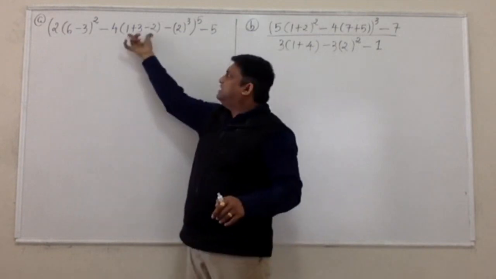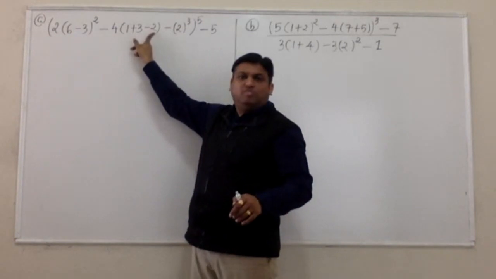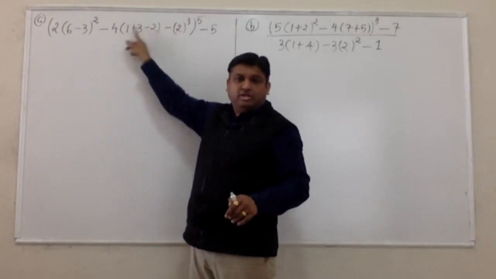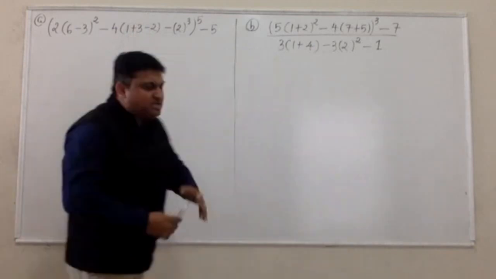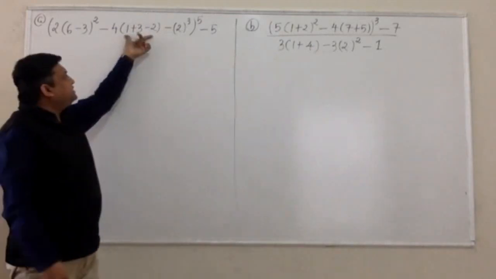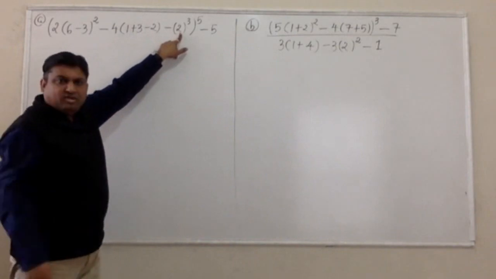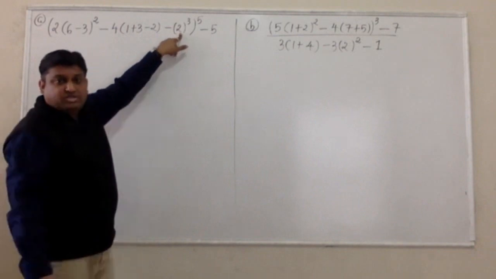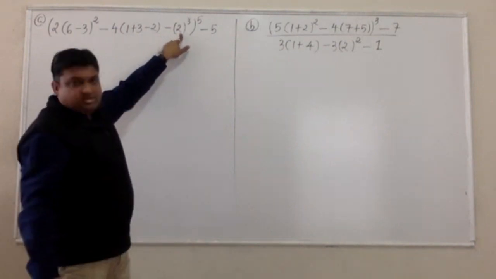How about the second inner parenthesis? Well, no powers, no multiplication and division, only addition and subtraction. So all I have to do is perform addition and subtraction here. Inside the third parenthesis, no powers, no addition, subtraction, no multiplication, division.